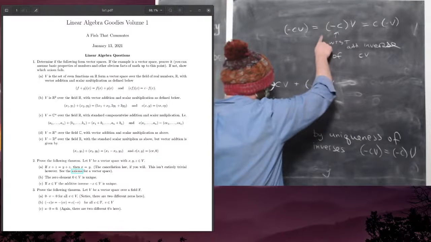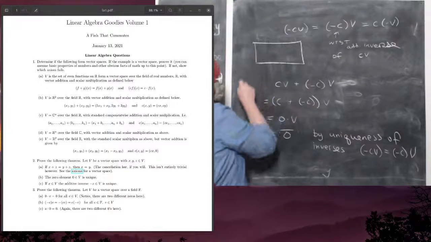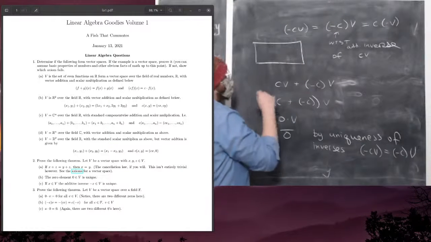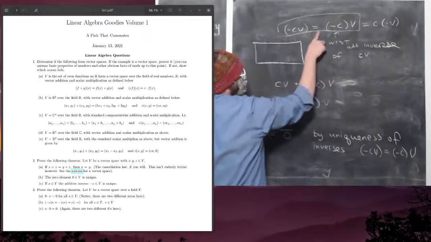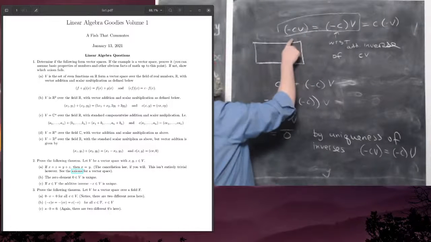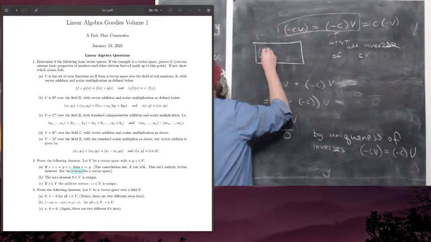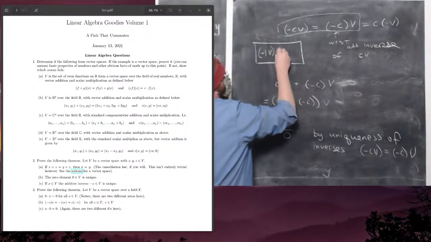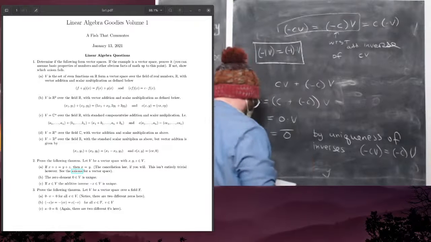We're going to use this fact immediately, and in particular what we'll use, I'm going to write it down before I erase it, circle it in this box. So we just proved this half, right? We know this is true. So this holds for any field element. In particular, it holds for 1. So that means that negative 1 times V equals negative 1 times V.